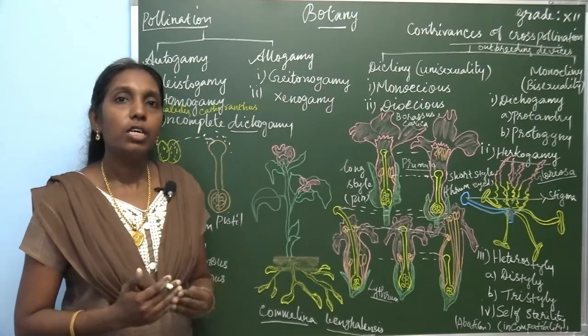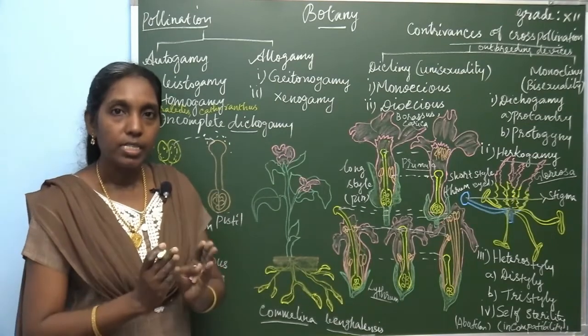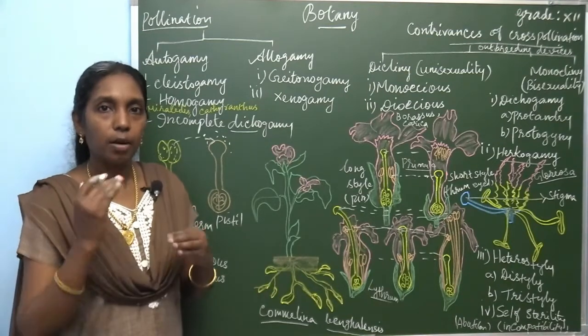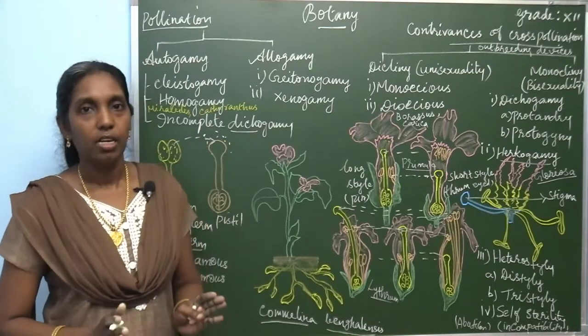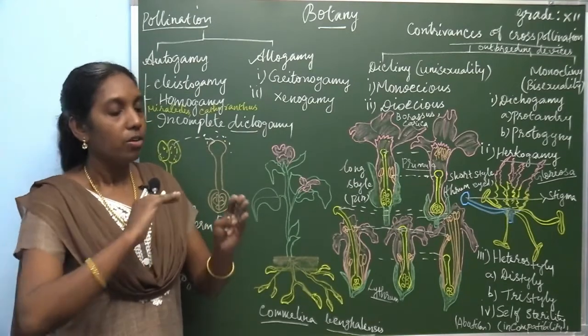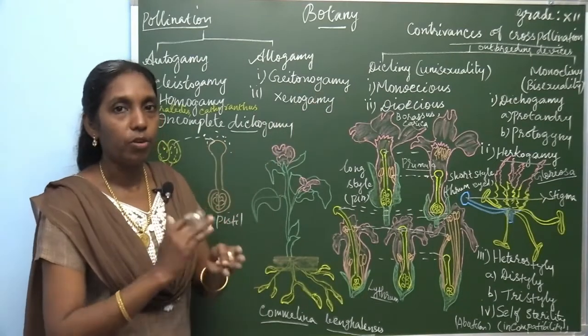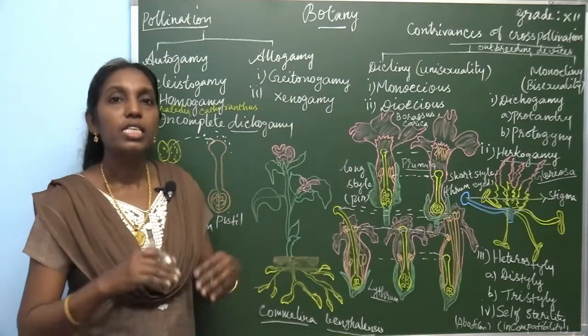Geitonogamous flowers are unisexual flowers, with male and female flowers present on the same plant. Within the same plant, transfer of pollen grains between different flowers is called geitonogamy.